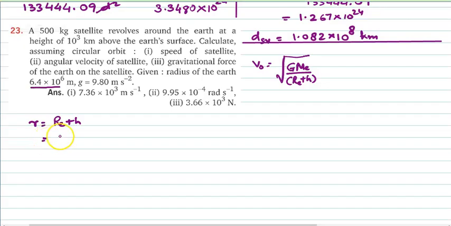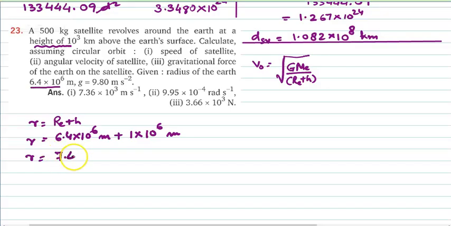Re दे रखा है 6.4 into 10 to the power of 6 meter, isn't it? और तुम हाइट देख रहे हो यहाँ पे कितनी दे रखी है? 10 to the power of 3 किलोमीटर. तो हाइट can be written as 1 into 10 to the power of 3 की जगह क्या कर दूं? 6, जो किलो का 3 आया, 10 to the power of 1 plus 10 to the power of 6 meter. So small r can be written as 7.4 into 10 to the power of 6 meter.